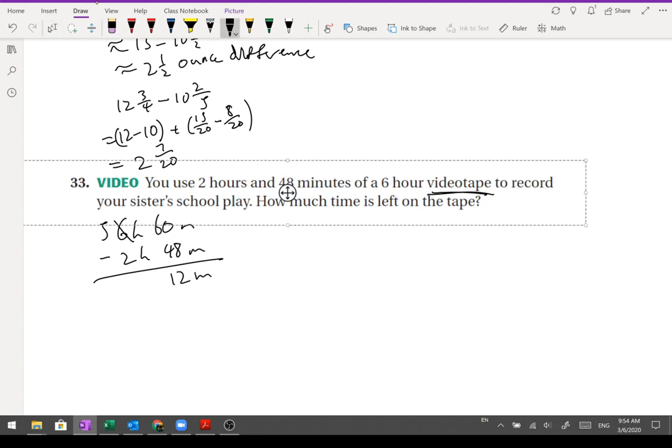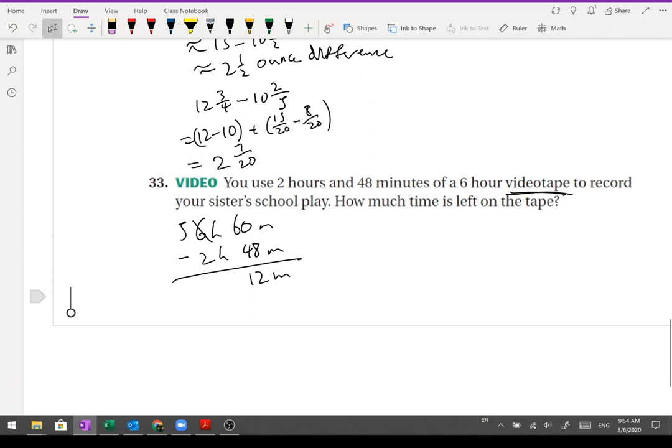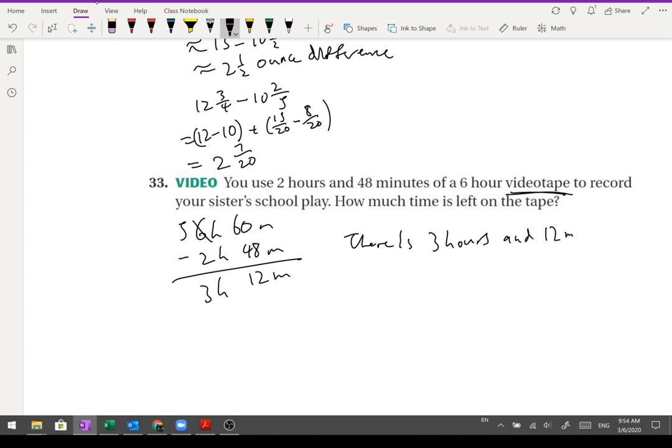And then 5 minus 2 hours is 3 hours. So lastly, don't forget to answer the question: how much time is left on the tape? There is 3 hours and 12 minutes left on the tape.